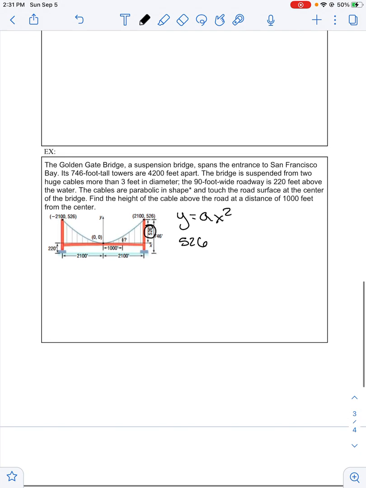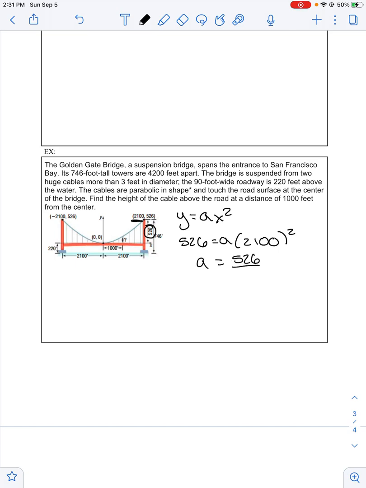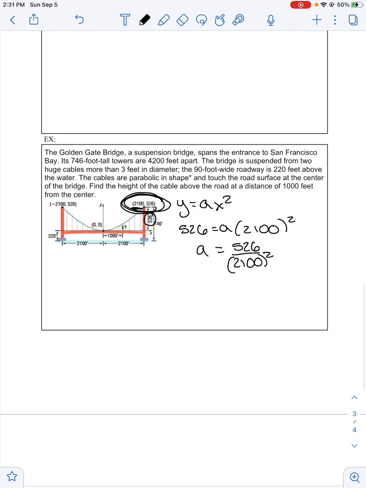Oh, and that's supposed to say equals. But we also know x is the 2,100 squared. So a equals 526 over 2,100 squared. We're using this point here because that's the height of the cable above the road, is that point.